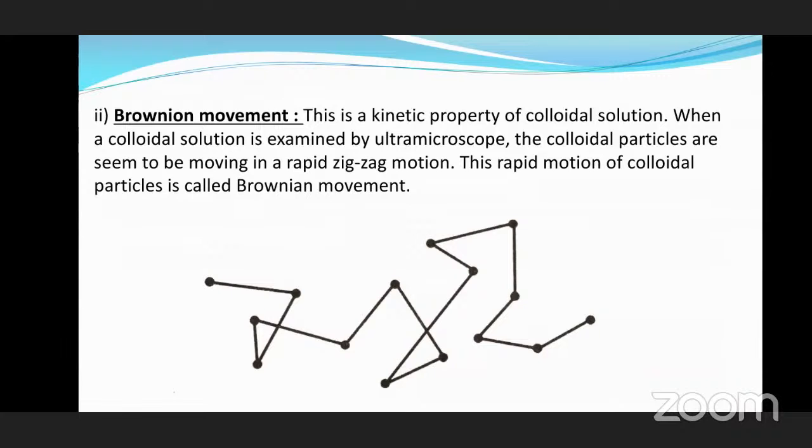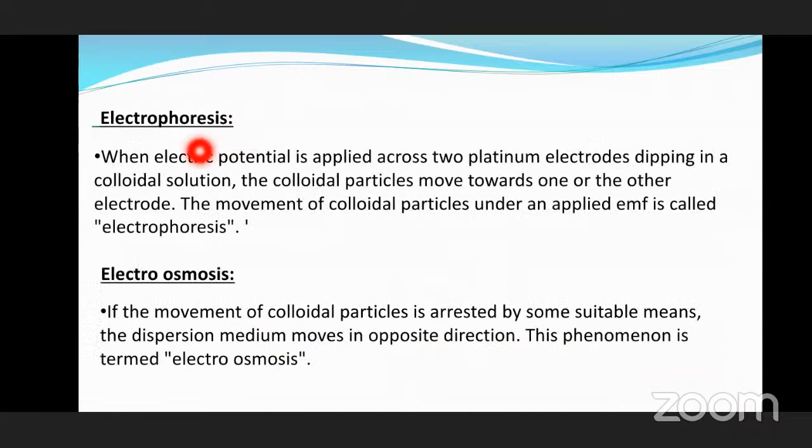Here, what is the meaning of electrophoresis? When electrical potential is applied across two platinum electrodes dipping in a colloidal solution, the colloidal particles move towards one or the other electrode.